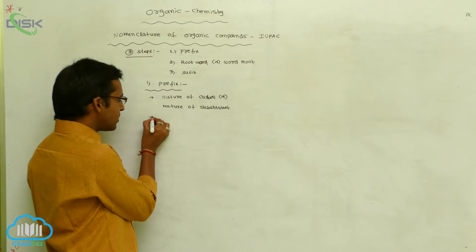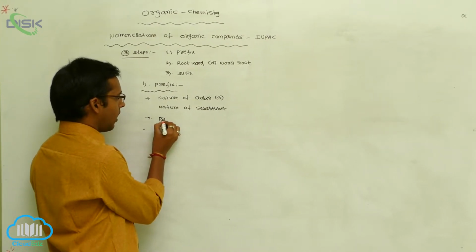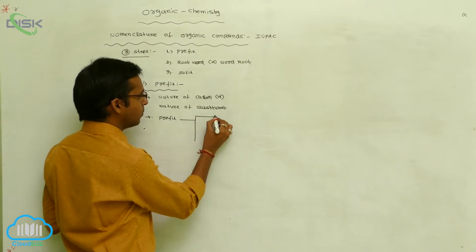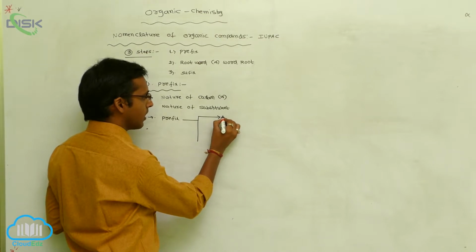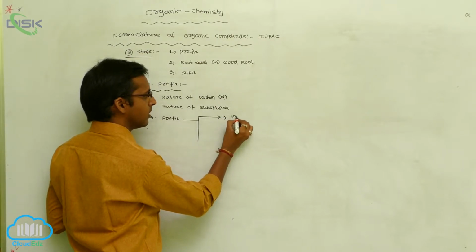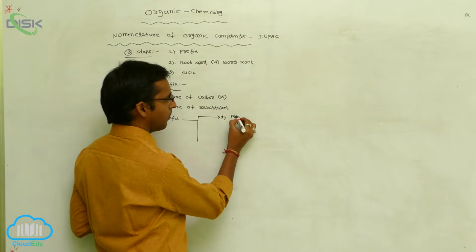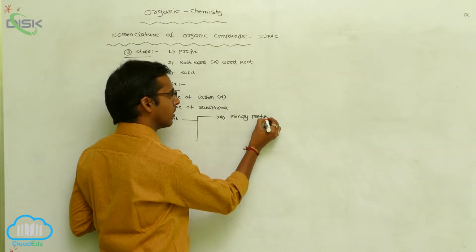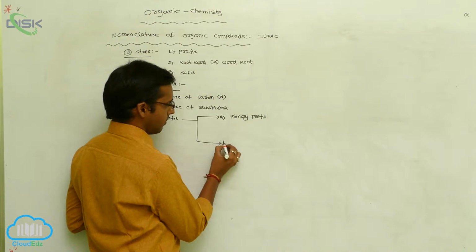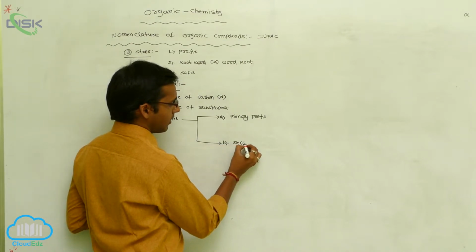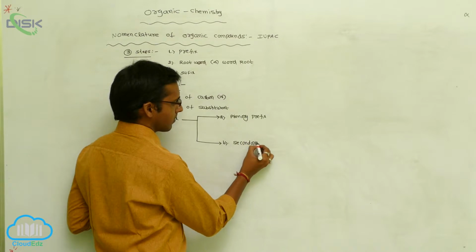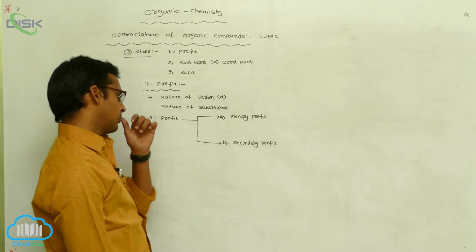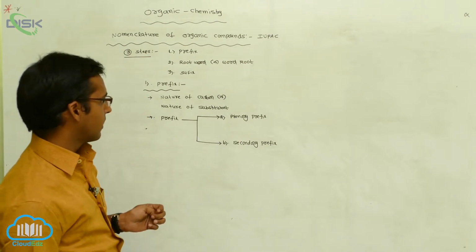Generally these prefixes are classified into 2 types: A, primary prefix, and B, secondary prefix.